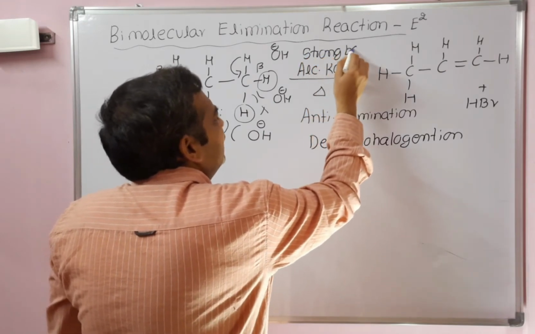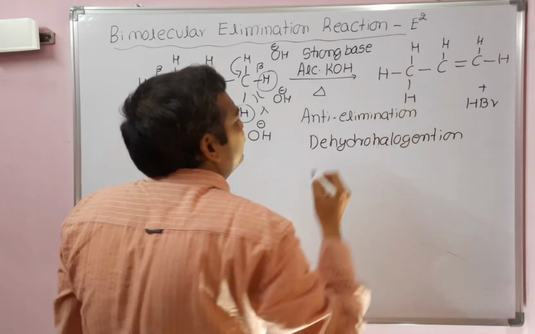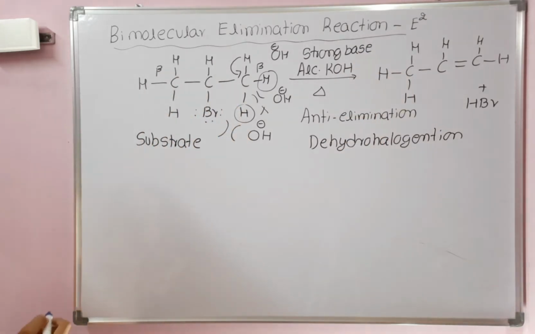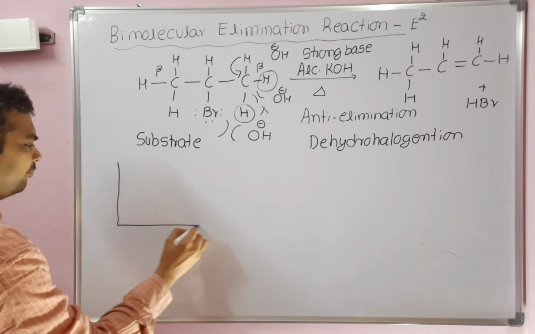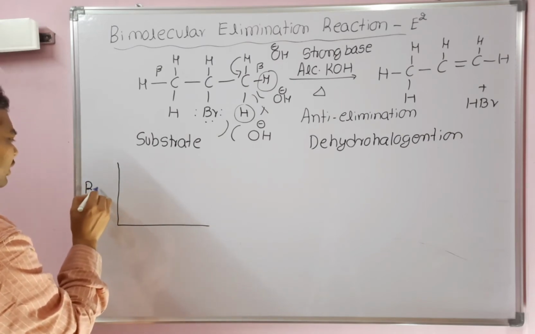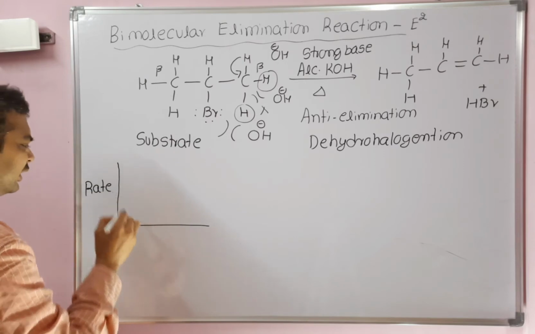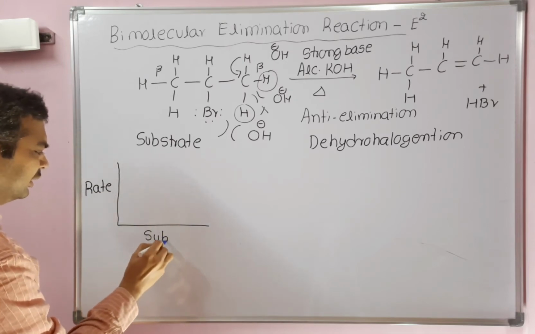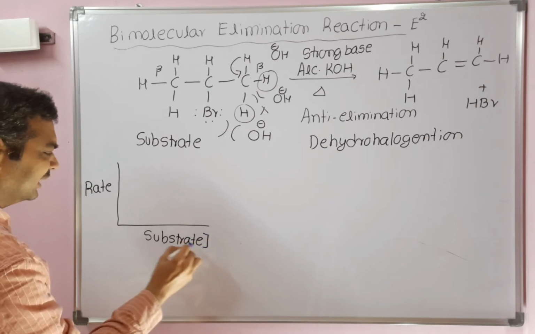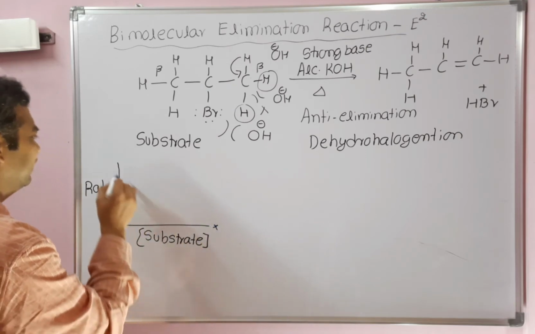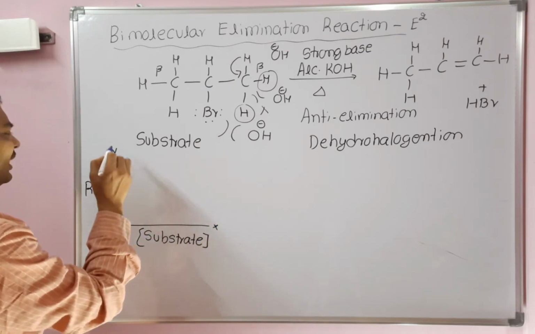From the experimental data, there are two graphs which were plotted for the rate of reaction. The first graph is plotted between rate of reaction and the concentration of the substrate. Substrate was taken on x-axis and the rate of reaction was taken on y-axis.